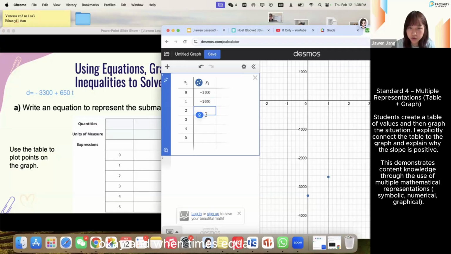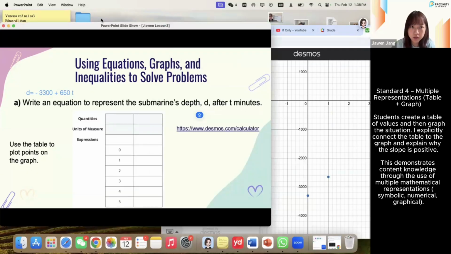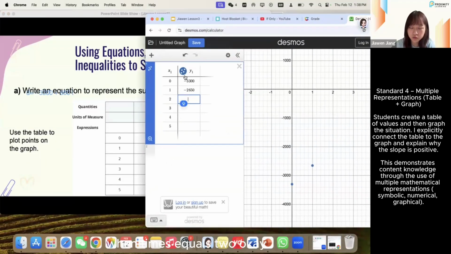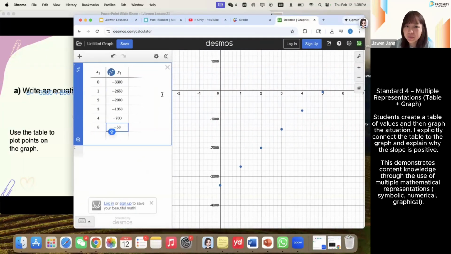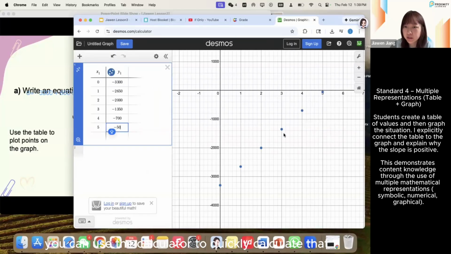When time equals 2, we get minus 2000. When time equals 3, we get minus 1350. Time 4, we get minus 700, and when time equals 5, we get minus 50. Can anyone follow me? You can use the calculator to quickly calculate that.